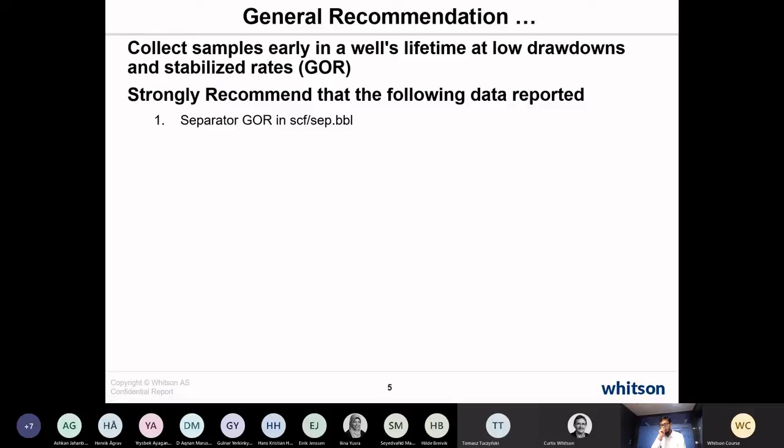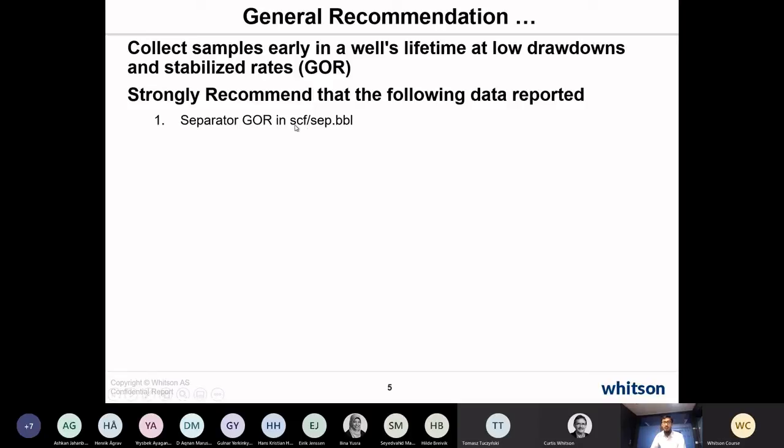When you're collecting the separator oil and separator gas samples at the separator, then the GOR that should be used for the recombination, which we are going to see in the next slides, and also when we talk about the compositions, has to be at separator condition.